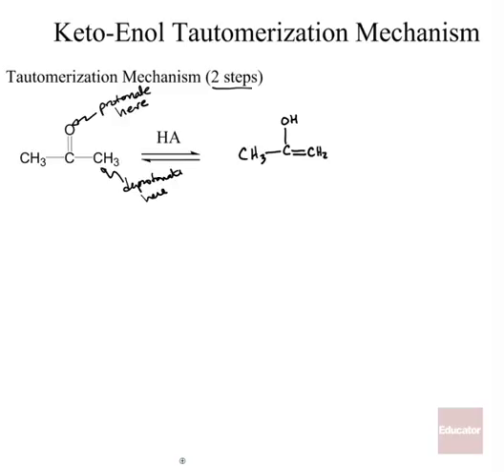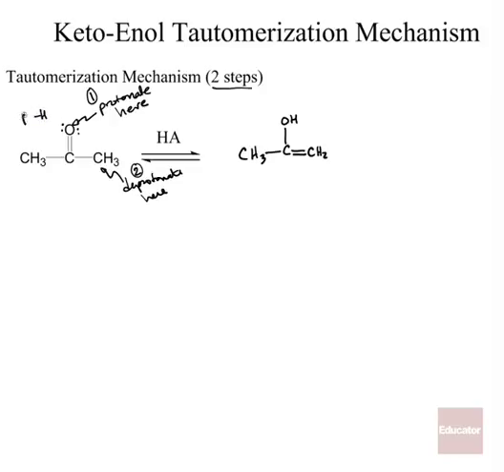So the only question we have is, those are our two steps. What step are we going to do first? Well, typically this tautomerization, the presence of enols, is going to be something we find in acidic conditions. So in acidic conditions, let's protonate first. So step one is protonate, and step two is going to be deprotonate. So I can protonate. Let's add in our lone pairs on this oxygen.